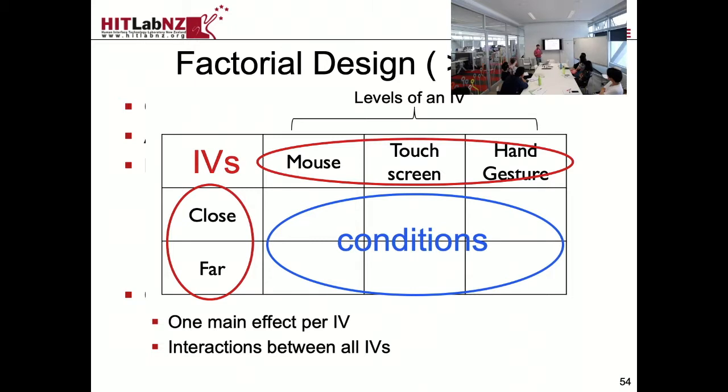Then maybe the other solution is you can run your experiment with a between subject test but include within, which means a participant will take this condition, but they will take this other variable as a within. So a participant will have the conditions mouse with close distance and mouse with far distance.